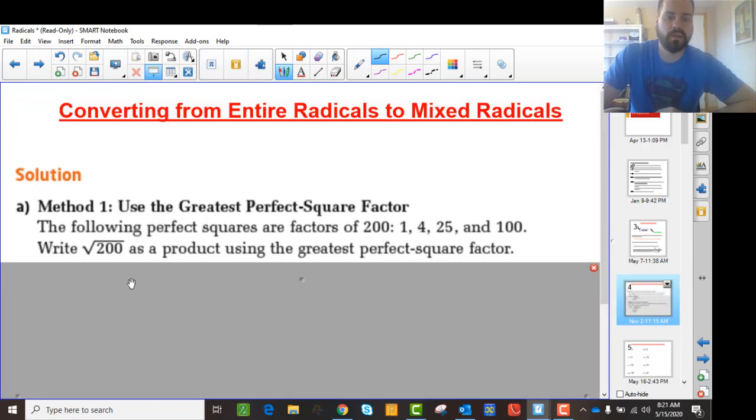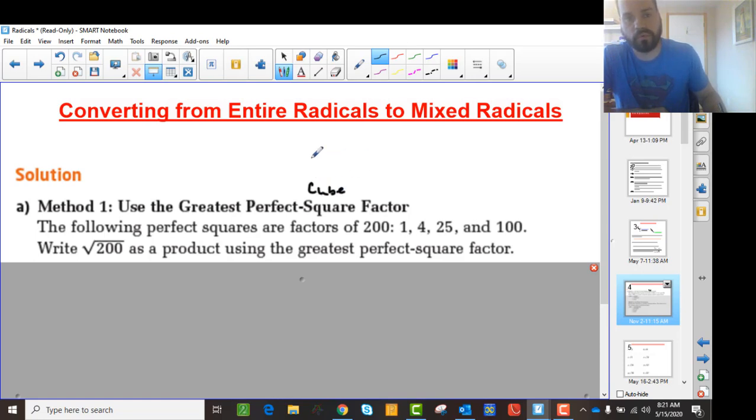Okay, the first method is to use the greatest perfect square, and I'm going to just say this is perfect square if it's a square. So it could be perfect cube, okay, if it's a cube root, or 4th, and so on, all the way up. But we're going to try to look for the factors of the radicand that actually are perfect whatever root, okay, perfect squares, perfect cubes, and so on.